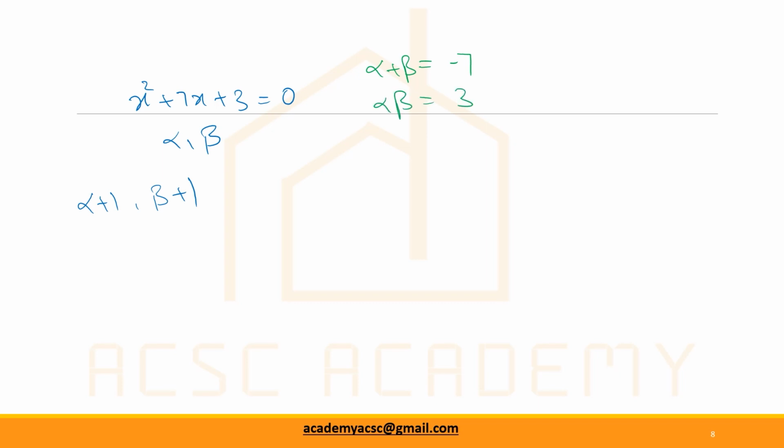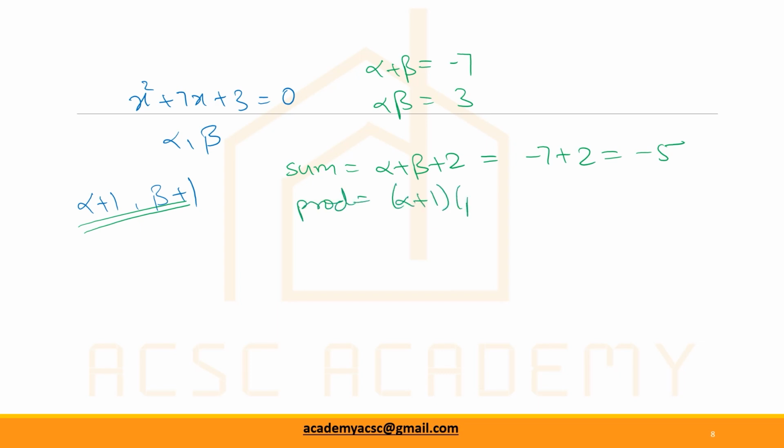So now we have to find an equation whose roots are these. The sum of those roots is alpha plus beta plus 2, and we already know alpha plus beta is minus 7. So this becomes minus 7 plus 2, that is minus 5. And the product is (alpha plus 1) multiplied with (beta plus 1).